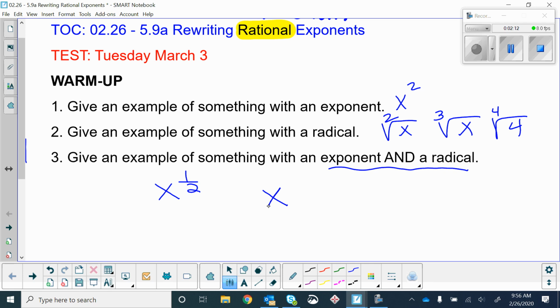Something like this. This has an exponent right there, which is 3, and it has a radical that's a 4th root. What we're going to be talking about today is how to rewrite this with a rational exponent or a fraction exponent. And it's this.